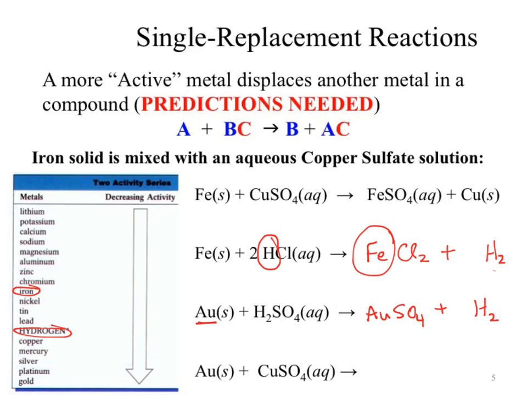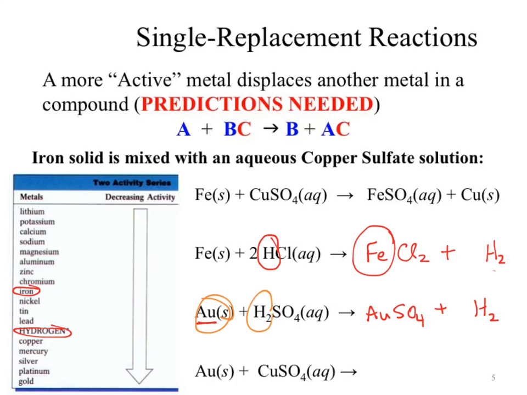Now that we've got our formula, I'm going to tell you, though it's wrong, that gold has a +2 charge. Why would I tell you gold has a +2 charge? Because that makes this balance really, really easily. You should be able to go through and see that this equation is indeed balanced. Okay? We'll now go through and identify our 2 metals that exchange places.